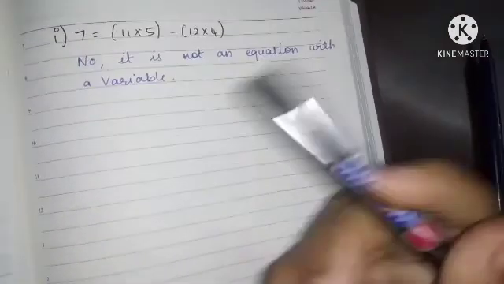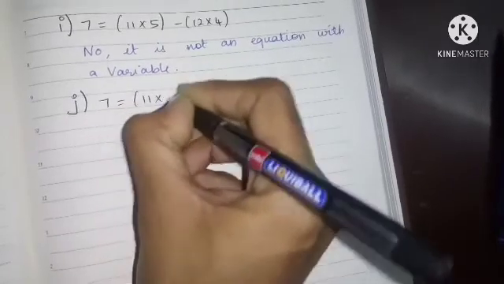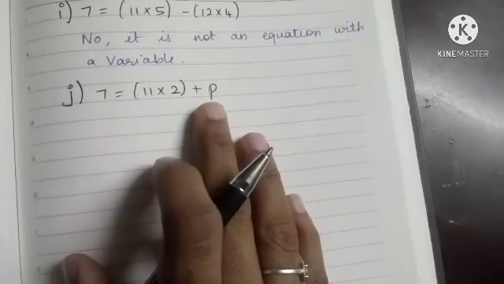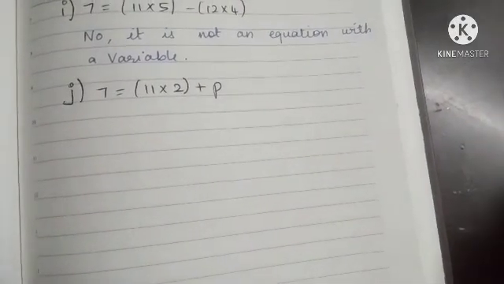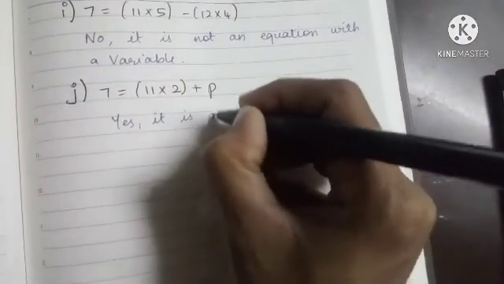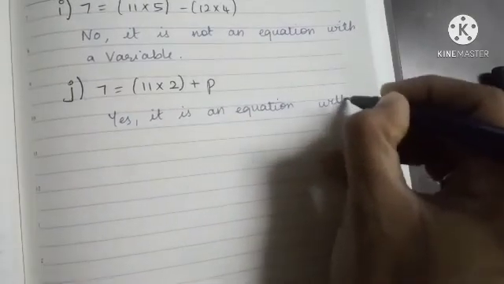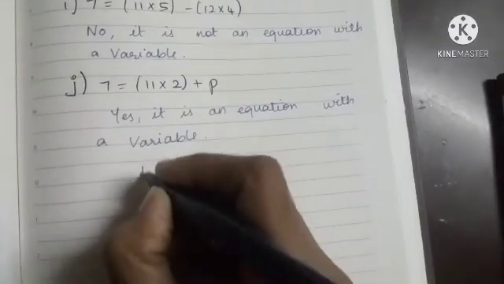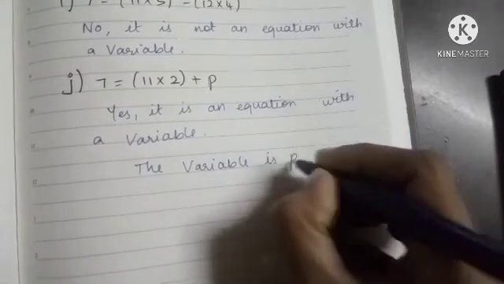Next, problem J: 7 is equal to 11 into 2 plus P. Is it an equation? Yes, it is an equation with a variable. The variable is P.